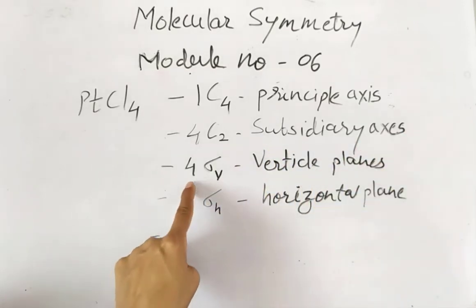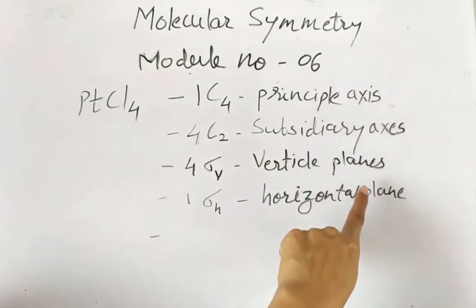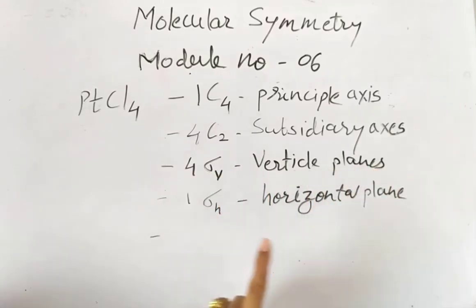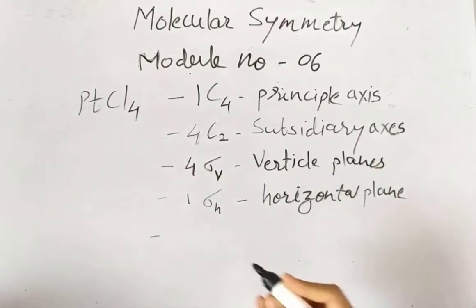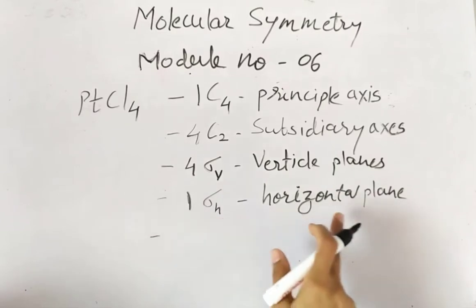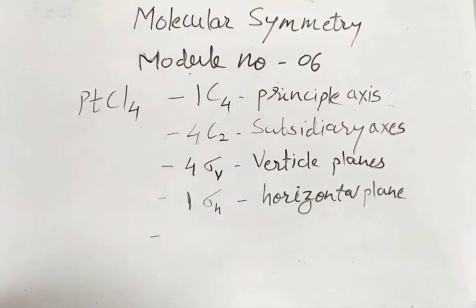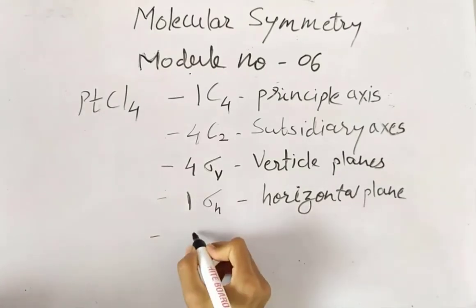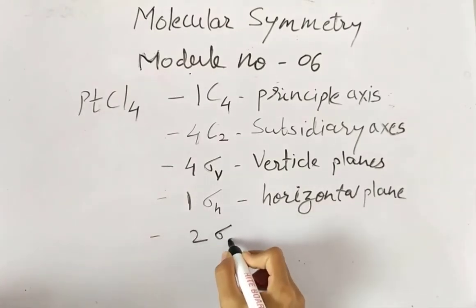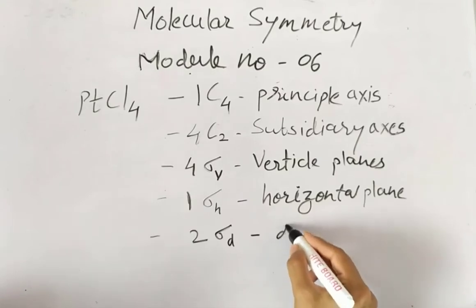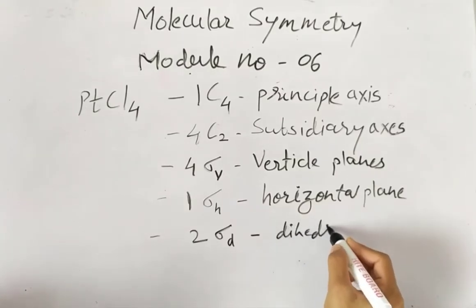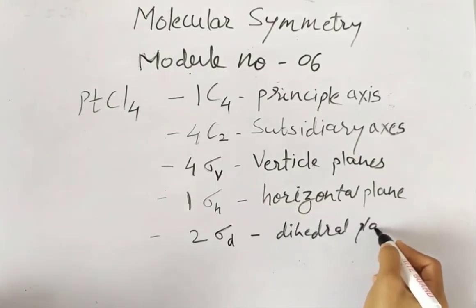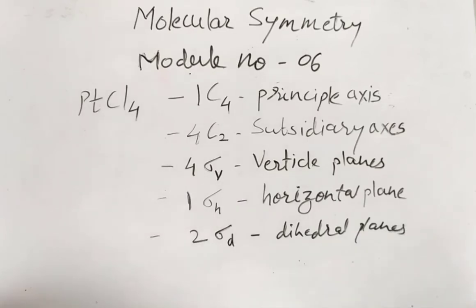There are present four vertical planes parallel to principal axis, and there is present one horizontal plane which is perpendicular to principal axis. And now we have seen that there are present two sigma Ds. That means there are present two dihedral planes in PtCl4 molecule.